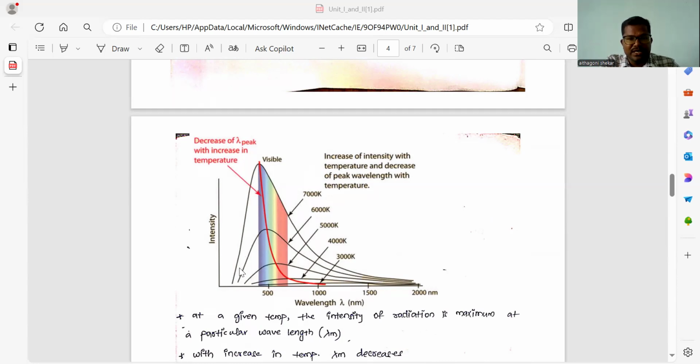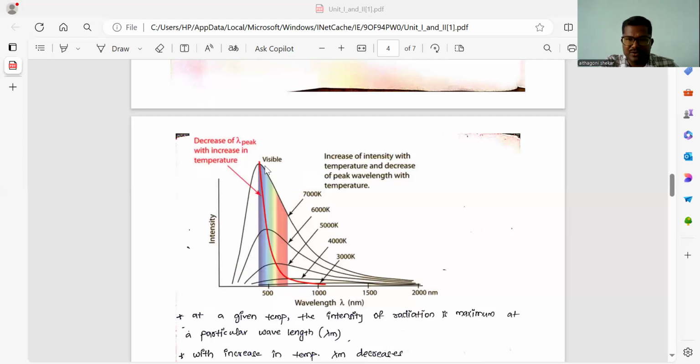So intensity and wavelength both decrease; both are inversely proportional. So this is the first one, the 7000 Kelvin spectrum. We take increasing wavelength, and intensity also increases; both are proportional. So this is wrong, because this is the shorter wavelength region. It only works at longer wavelengths.